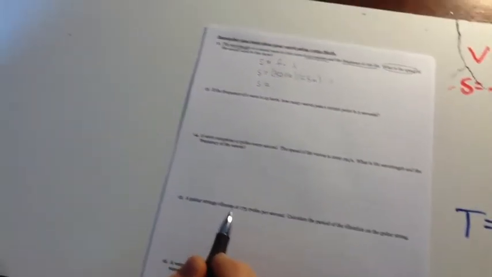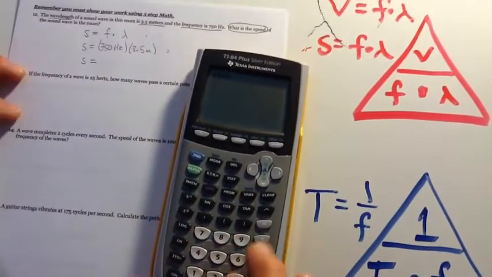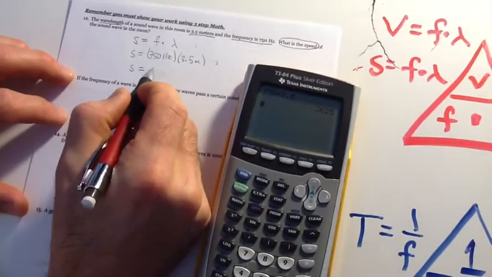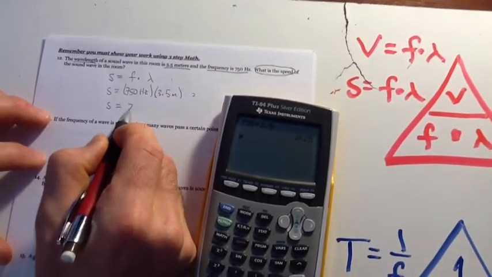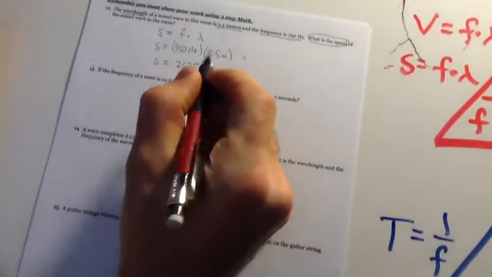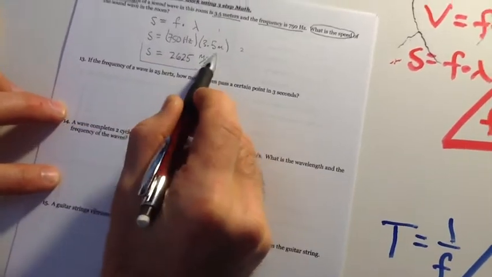Now you will be able to use a calculator if you have it. If you don't bring it to the test, well, then you're going old school. So 750 times 3.5 is 2,625. The units for speed are meters per second. So that is the speed of the wave.